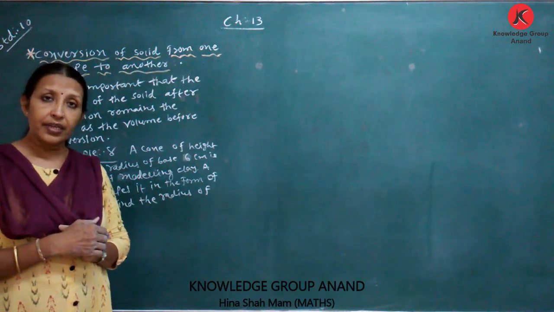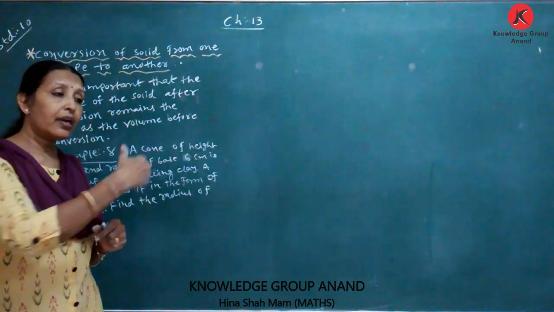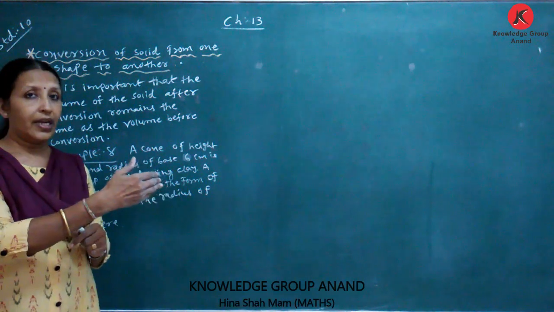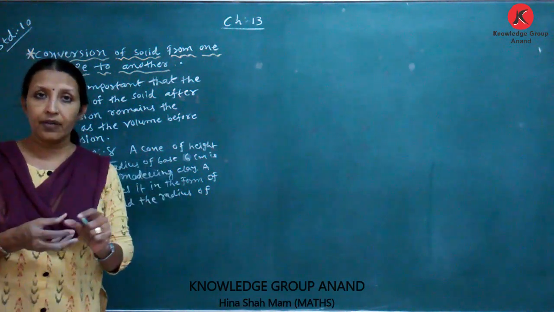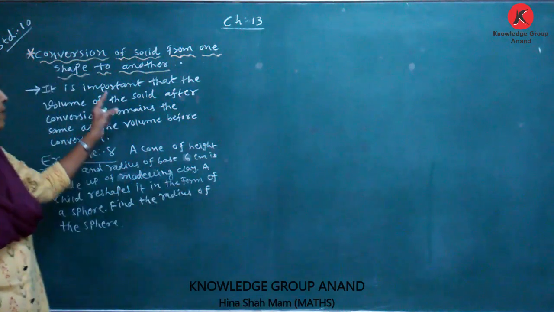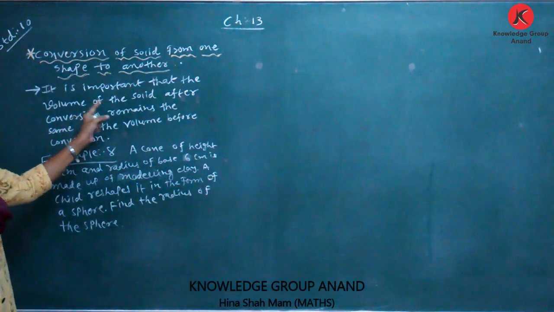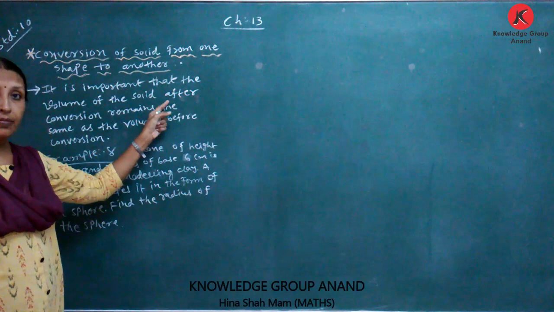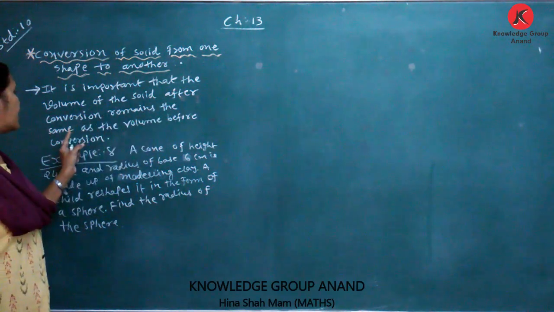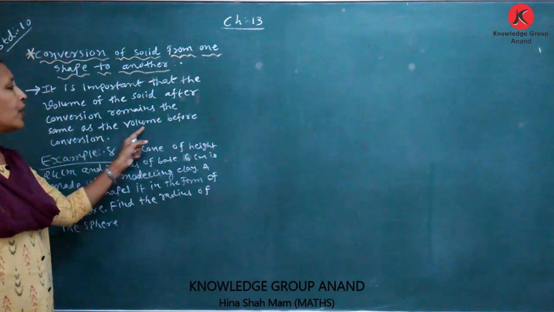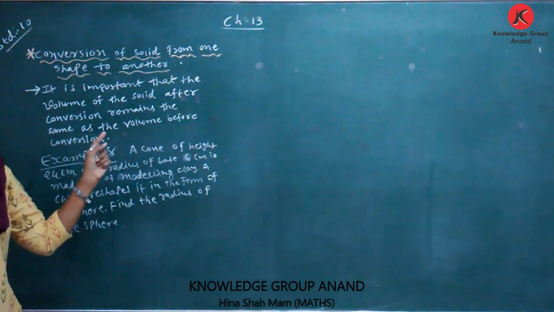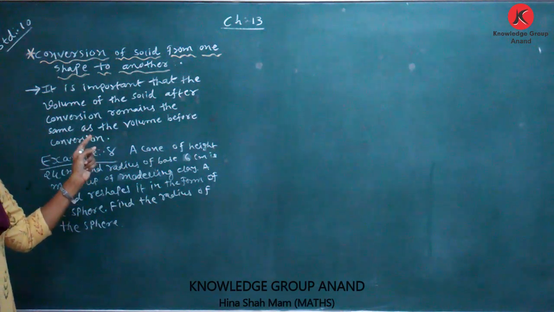If clay is in spherical form and we convert it into a cuboid, the volume of the cuboid after conversion remains the same as the volume of the sphere.